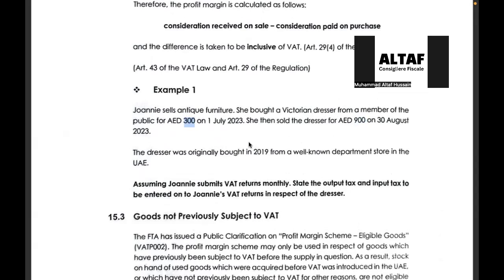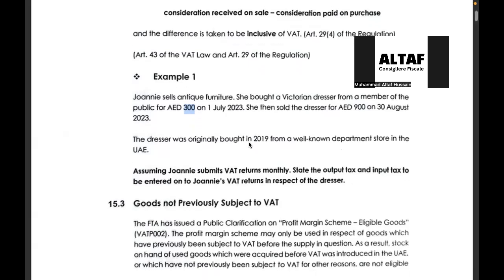So we will have to reverse calculate the VAT. So we will consider that 600 as 105% of the base value on which VAT is applied. And through that calculation, it will be less than 600. So the base price will be less than 600 and the VAT element will be 5% of that base price.